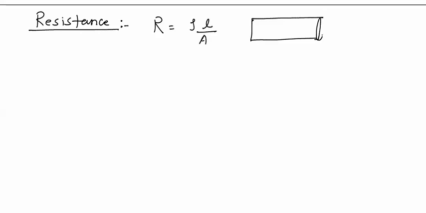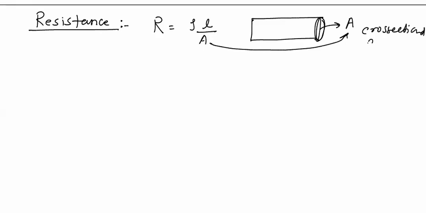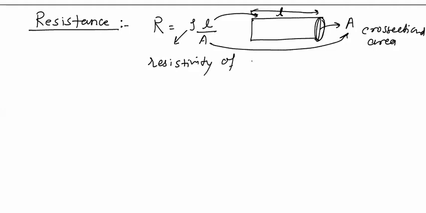For this material, its cross-sectional area will be A, and this will be the length of the material L, and this rho will be the resistivity of the material.